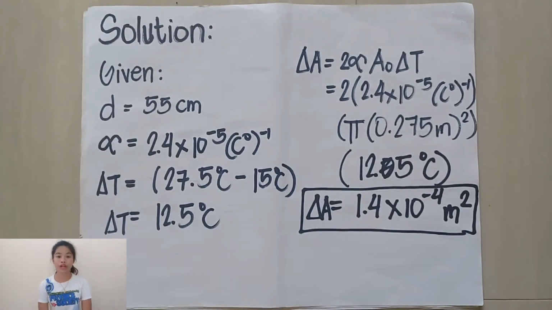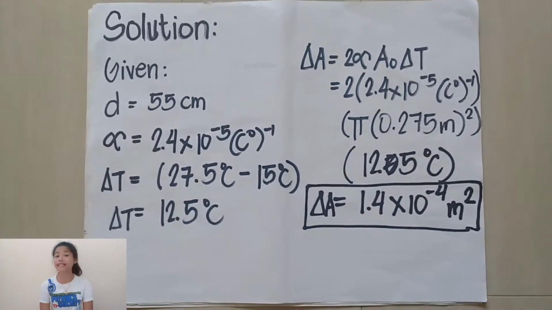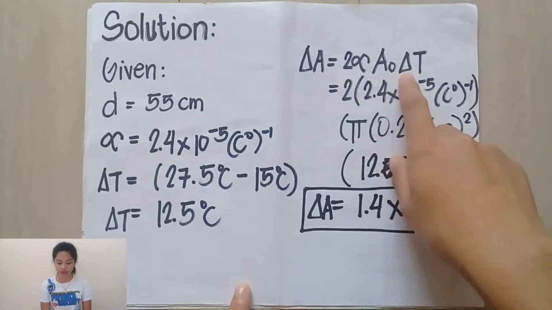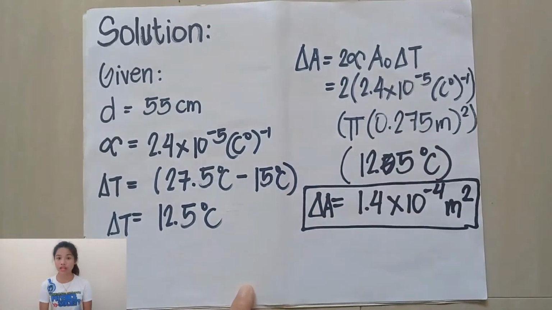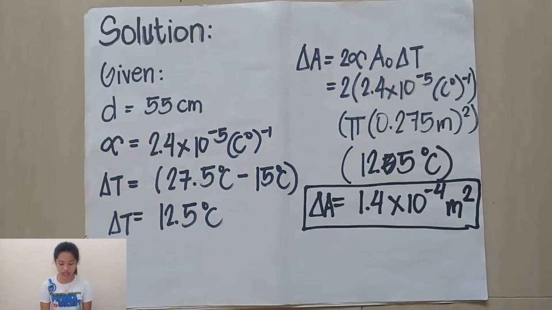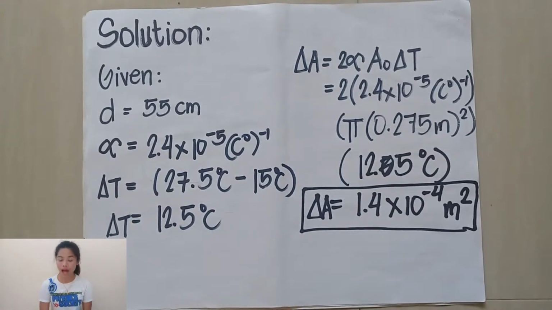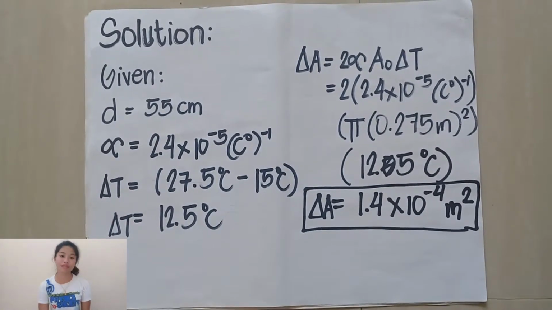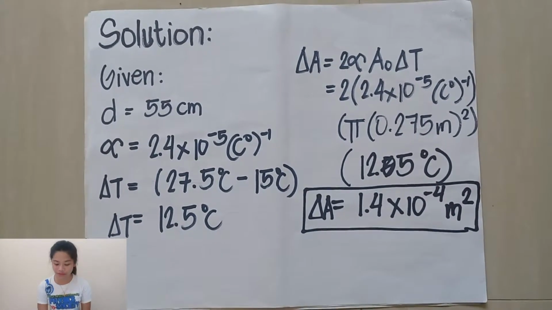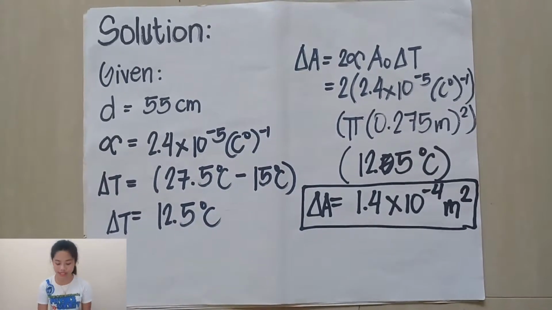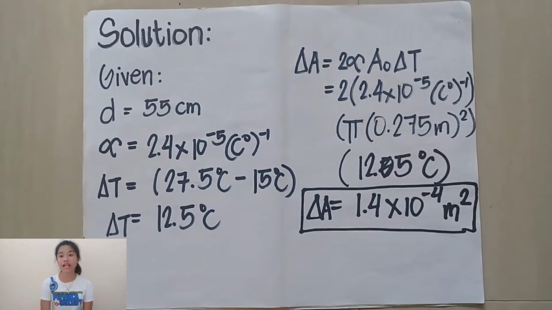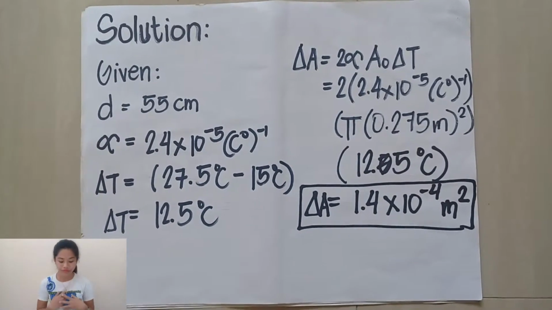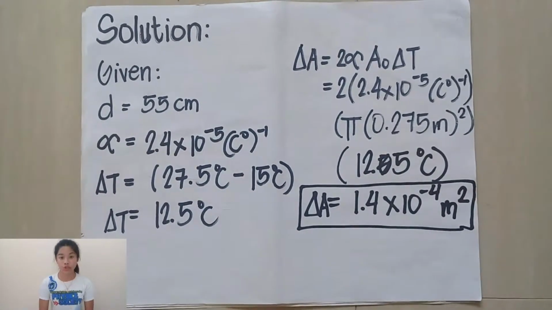The formula for area expansion is delta A equals 2 alpha A naught delta T. Substituting all the given values, our alpha is 2.4 times 10 to the power of negative 5 Celsius degrees inverse. Our A naught, or original area, is pi r squared.